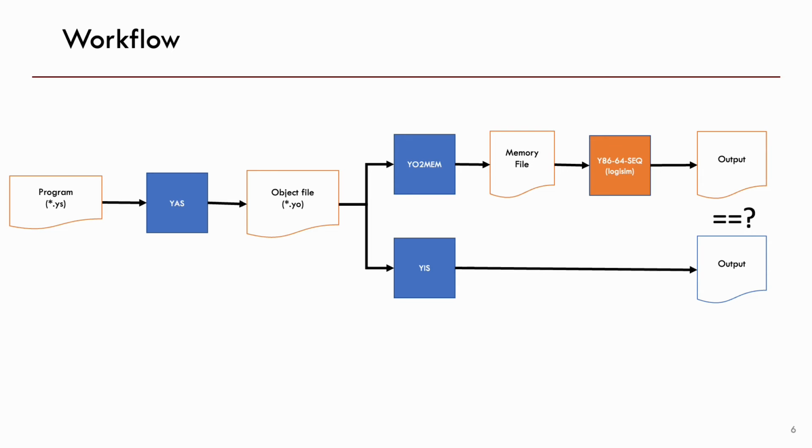So that's why we have this workflow, and we need a Logisim memory file to load our program into the Y86 in Logisim. That's why we need this conversion from the yo object file to the Logisim memory file.